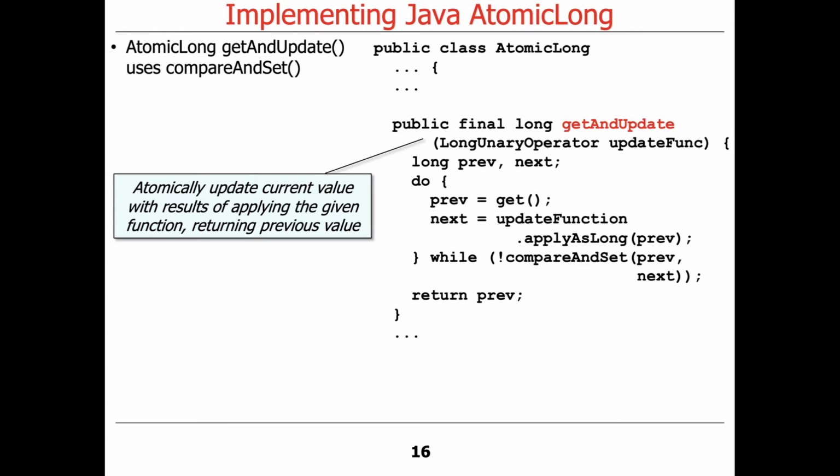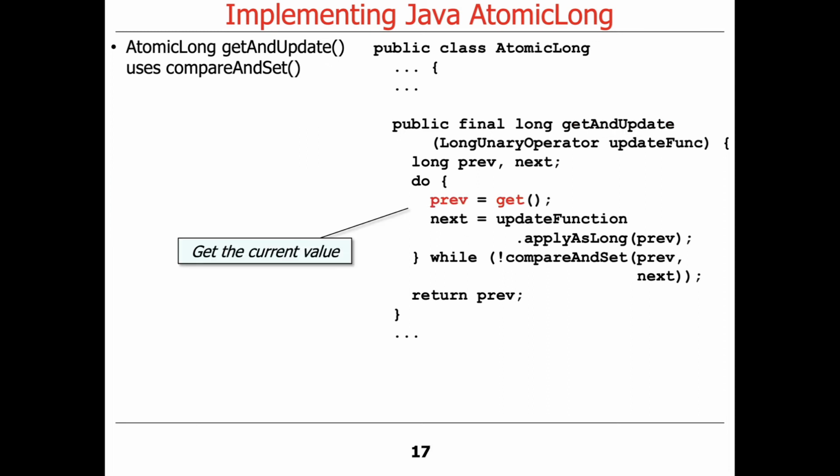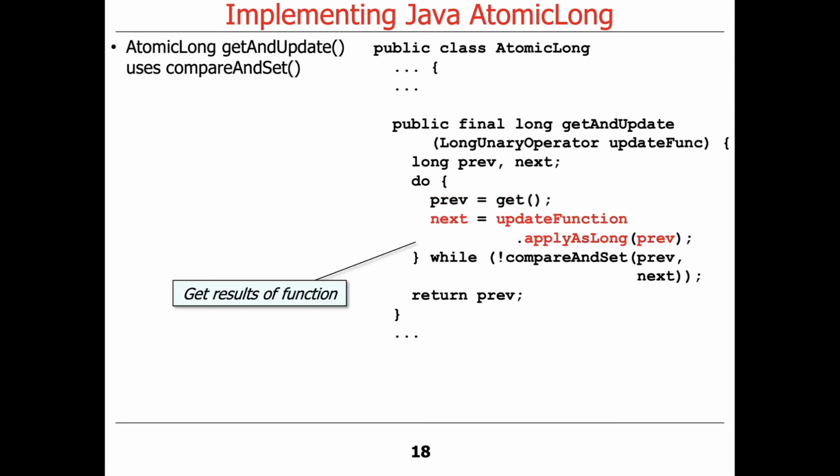There are some other methods here that are also pretty interesting. Here's one that I like. This is called get and update, and it atomically updates the current value with the results of applying the given function, returning the previous value. And so you can see how this works. We have a do-while loop, again, for the same reasons we had before, because we have to make sure that nothing changes unexpectedly. We get the current value. We compute a new value as a function of the previous value, using this update function, a long unary operator.